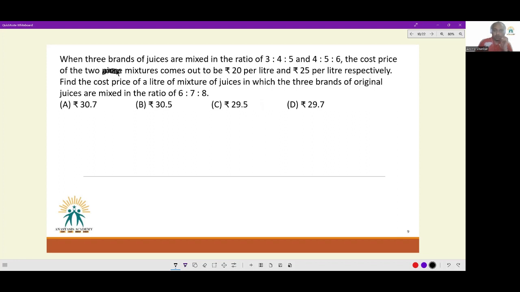The cost price of the two mixtures comes out to be rupees 20 per liter and 25 per liter respectively. Find the cost price of a liter of mixture of juices in which the 3 brands of original juices are mixed in the ratio 6 is to 7 is to 8. Okay. See, this is so much fun.